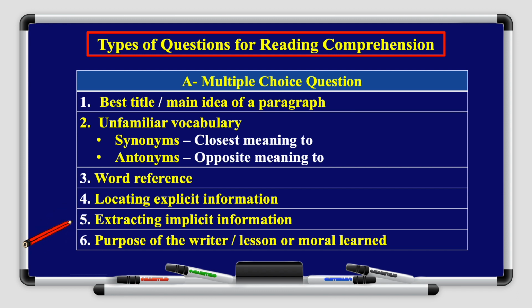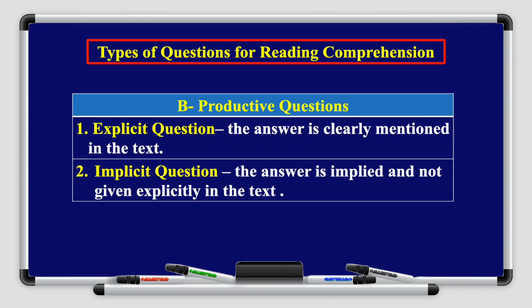And 5, extracting implicit information. You have to understand the text, so that's why you have to read it more than once. Whatever you understood, you will write the information down. And lastly, the purpose of the writer. Why did the writer write this passage? And the other types of questions, of course, productive questions or essay questions, you're going to write the answer down.